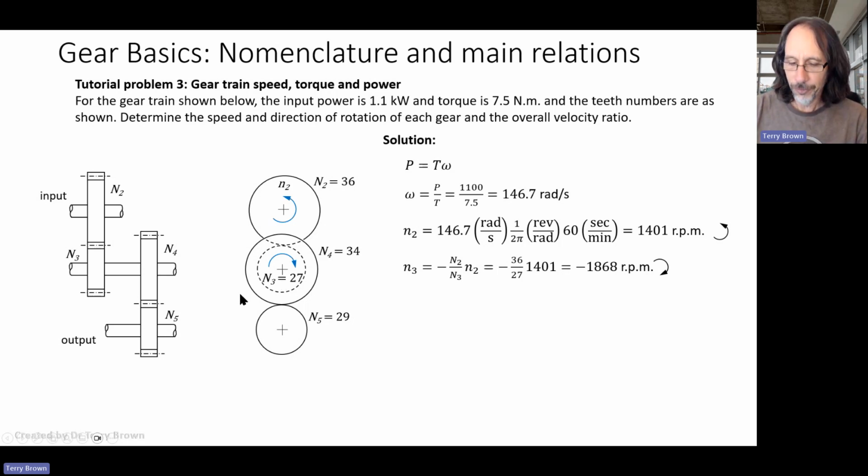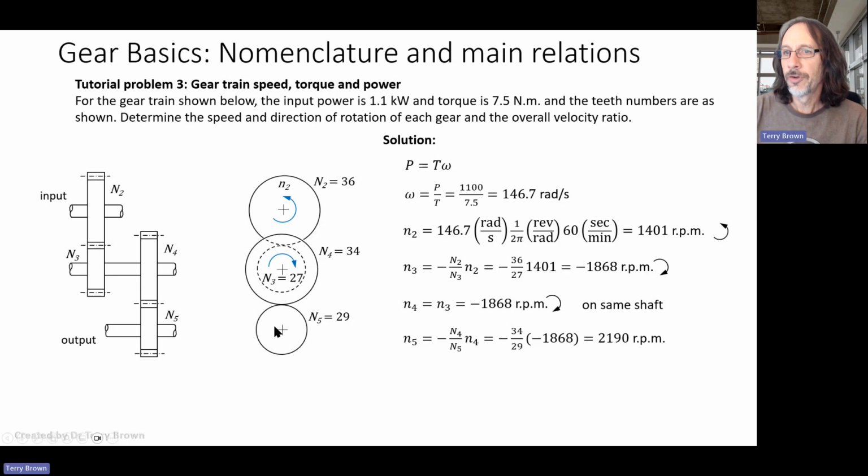From N3 to N4, we have a compound gear again, so N4 is just equal to N3 and rotating in the same direction. And then from gear 4 to gear 5, use that same ratio again to work out the speeds. Gear 5 is rotating in the same direction as gear 2.